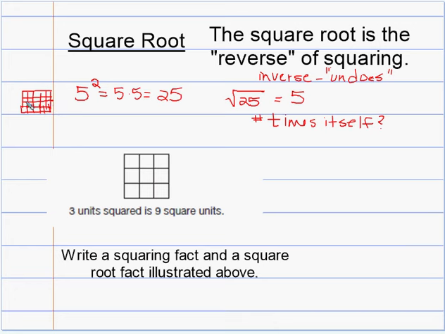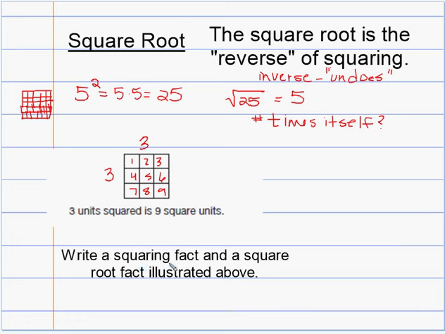Okay, so that'd be 5 by 5. And then you count all the little boxes that you make, the little squares. So there's 1, 2, 3, 4, 5, 6, 7, 8, 9. So 9 square units in a 3 by 3 square.